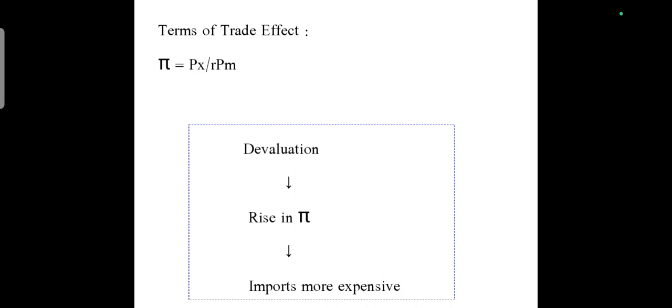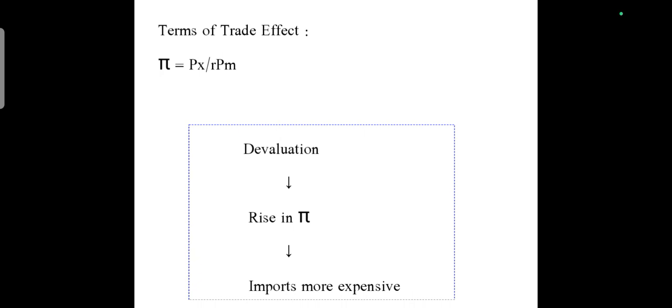Now we will discuss the terms of trade effect. We express the terms of trade by Px over R Pm. Here Px indicates the value of export, R indicates the exchange rate, and Pm indicates the value of import.